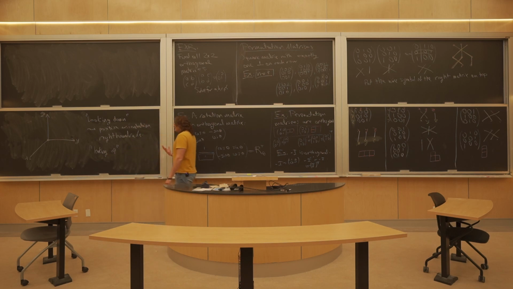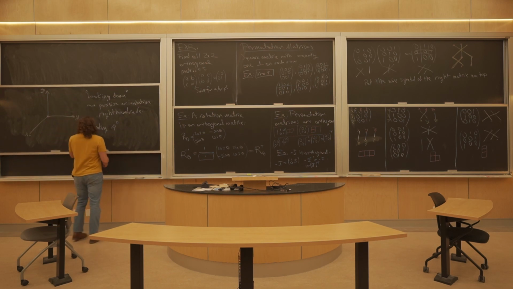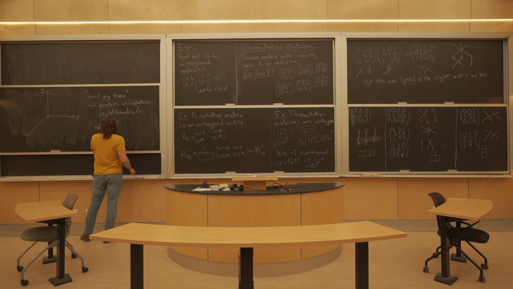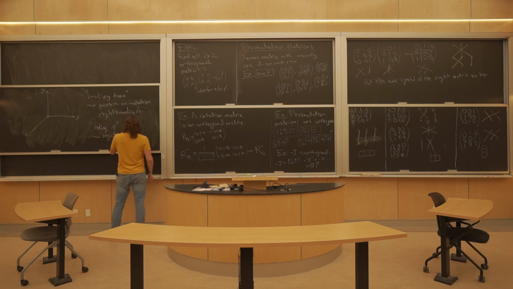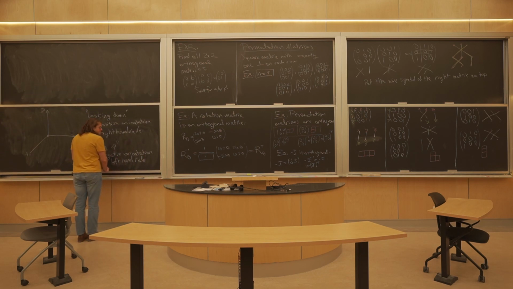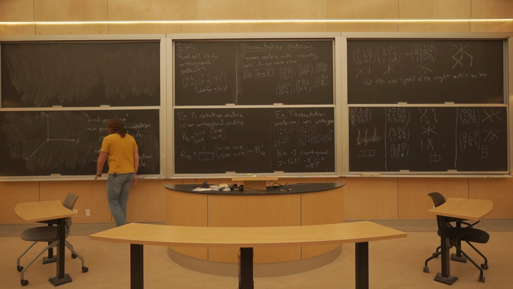But if you were to imagine that you're looking up to see this, then you have a different orientation, and that is called the negative orientation. And that corresponds to the left-hand rule. Okay?